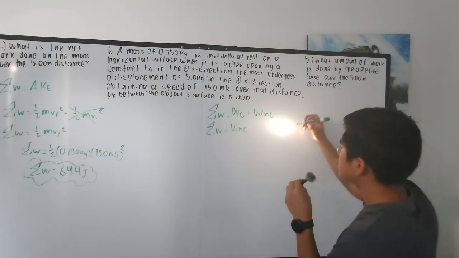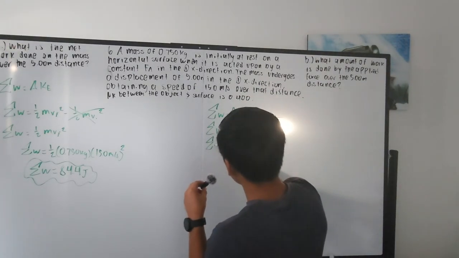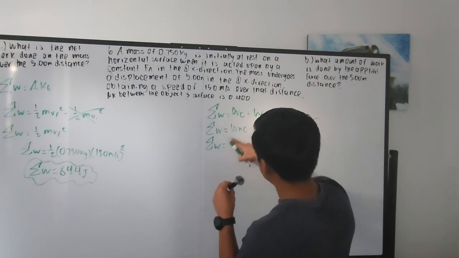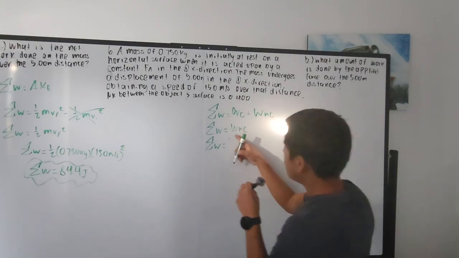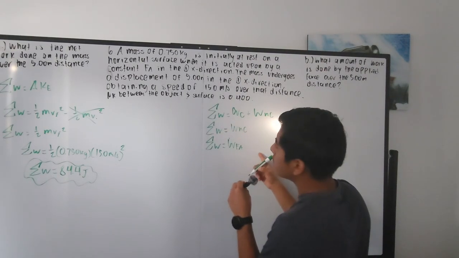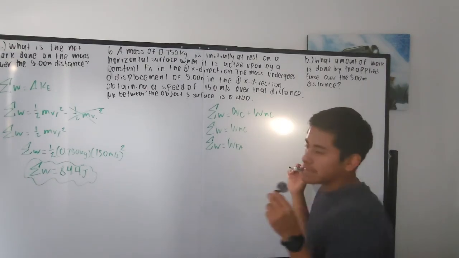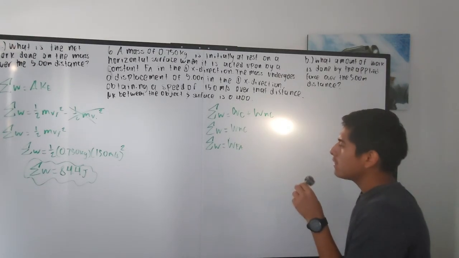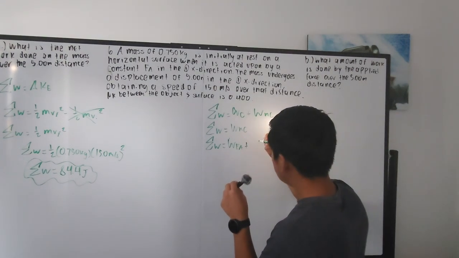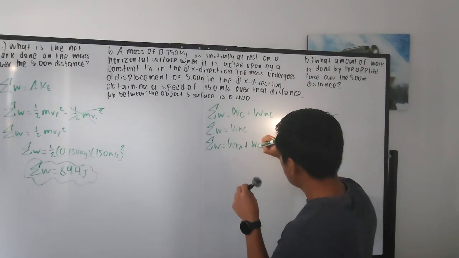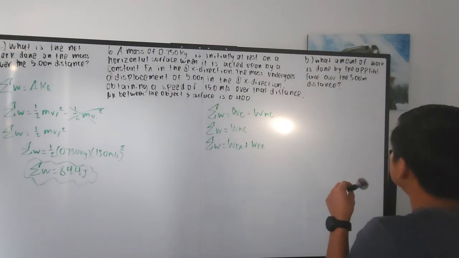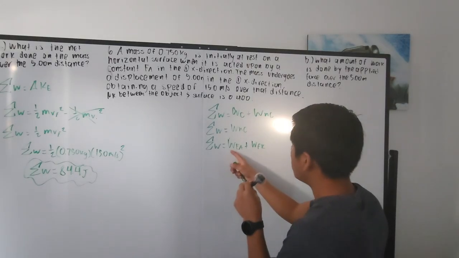And the non-conservative forces in this case, if we expand this, it's going to be the work done by the applied force, and then taking the direction into account, I'll do that later. So I'll just do plus, and then the work done by the force of kinetic friction. Now, it's asking what amount of work is done by the applied force. So we're trying to solve for this applied force right here.